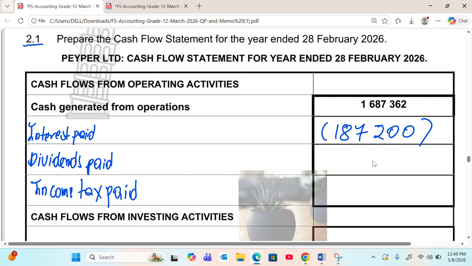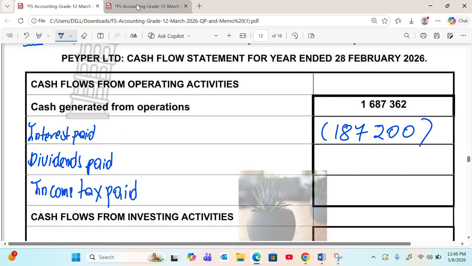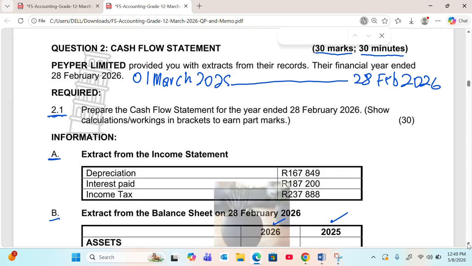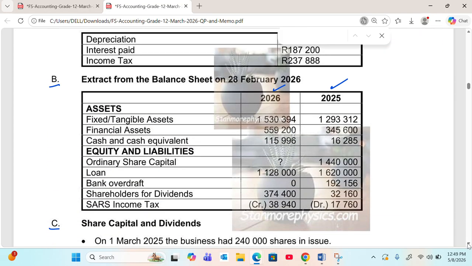And then what about dividends, guys? Dividends paid, we minus as well. So I want us to check the information that speaks about dividends. So with dividends, firstly, please let's check the balance sheet there. We have shareholders for dividends. Can you notice that from the previous period, we have the 32,160. So what is that 32,160?